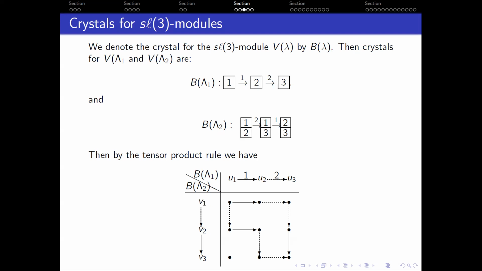And the highest weight of this connected component with 8 dimensions is this vector, which is the e1 tensor v1, and its weight is lambda 1 plus lambda 2. And this is just a one-dimensional representation, whose highest weight is always 0. That's V0.